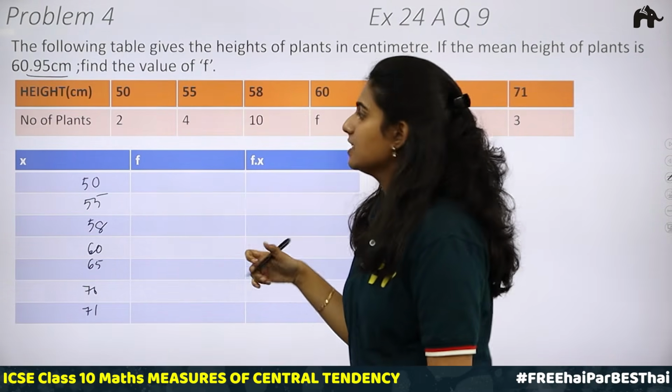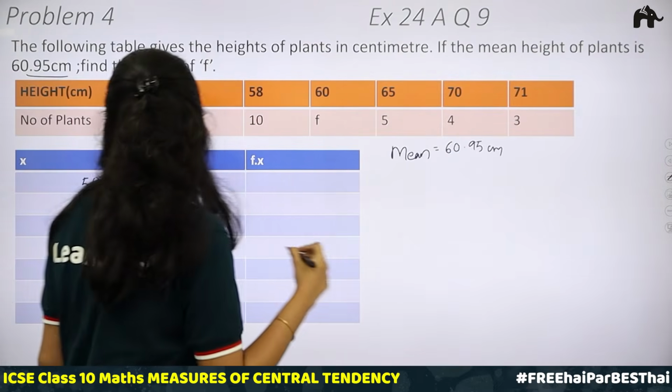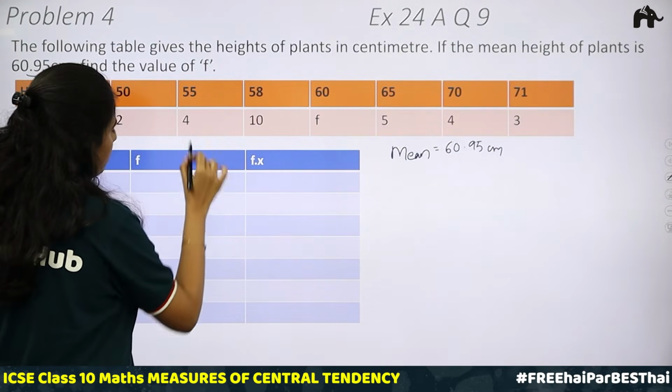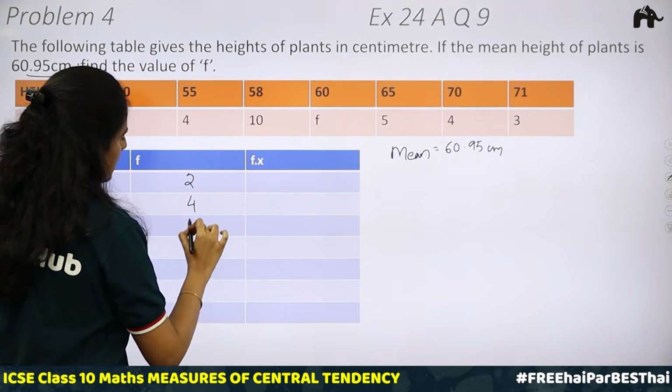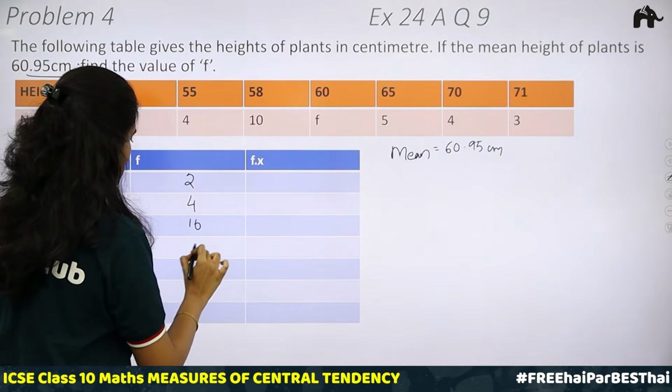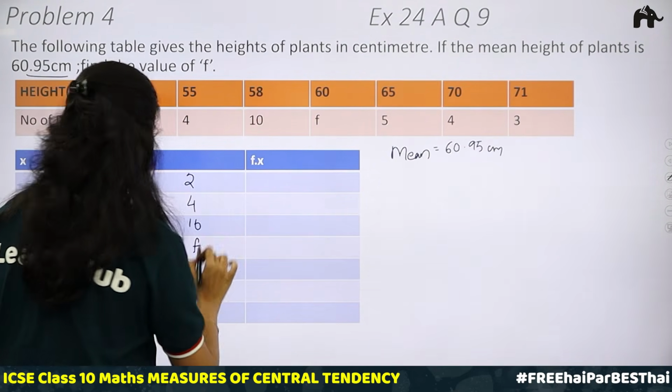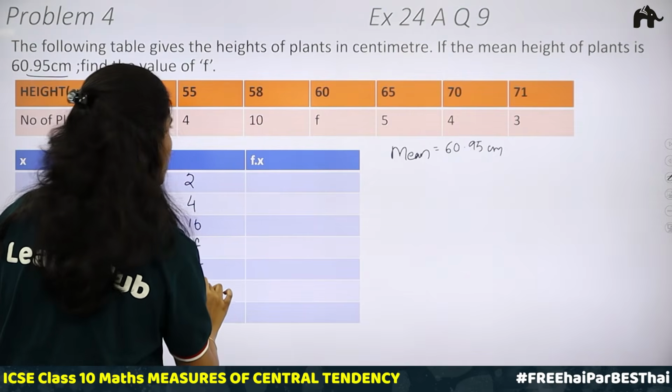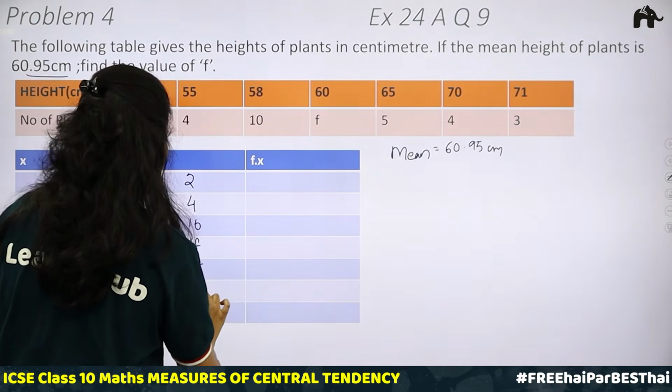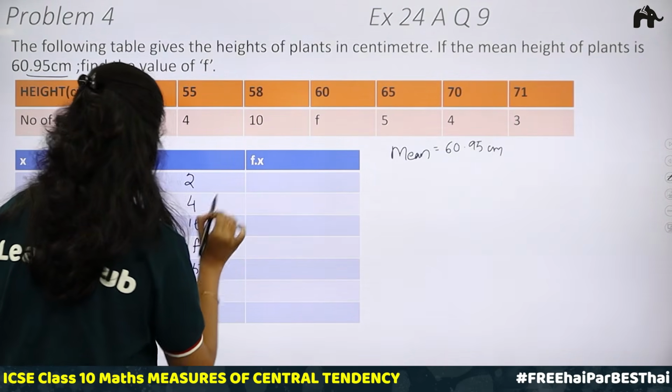Then the frequency for height 50 is 2, 55 is 4, 58 is 10, 60 is f, 65 is 5, 70 is 4 and 71 is 3.